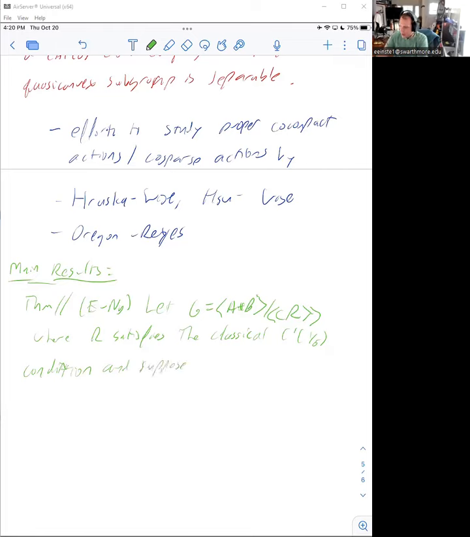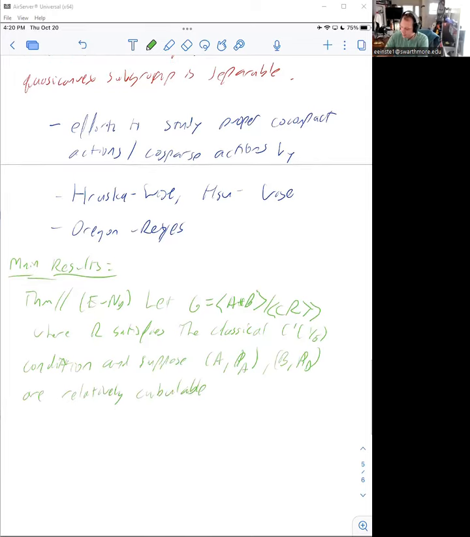And suppose that (A, PA) and (B, PB) are relatively cubulable. Then G is also going to be relatively cubulable.